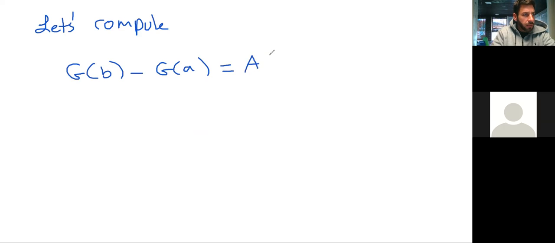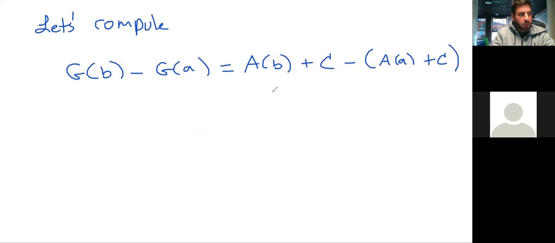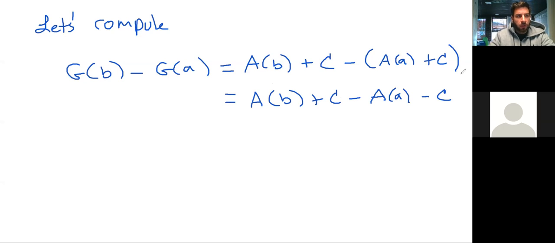This is A of B plus some constant, and then it's minus A of a, plus some constant. Now, if we distribute that minus sign, this becomes A of B plus C minus A of a minus C. So right away, these C's add up to 0.